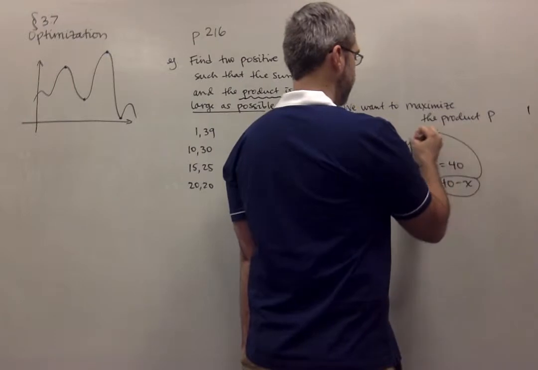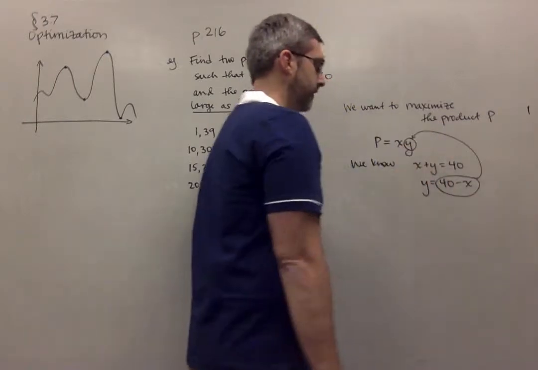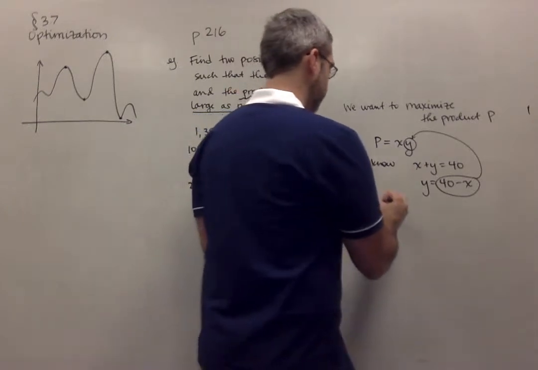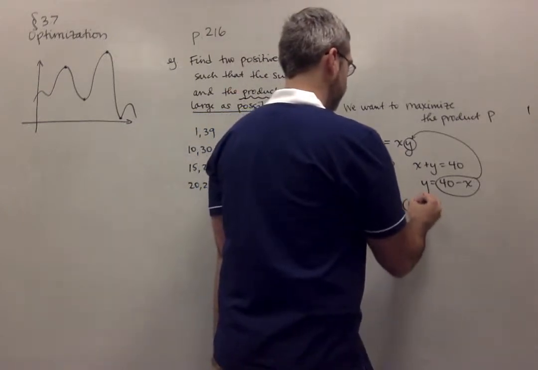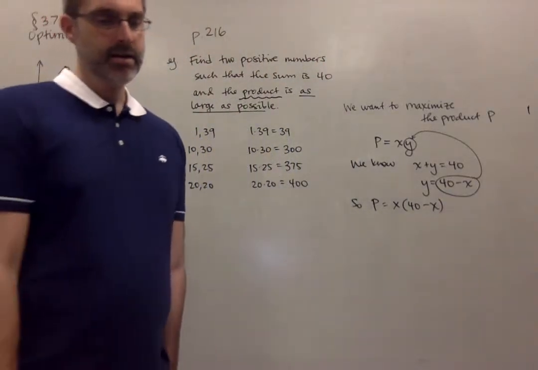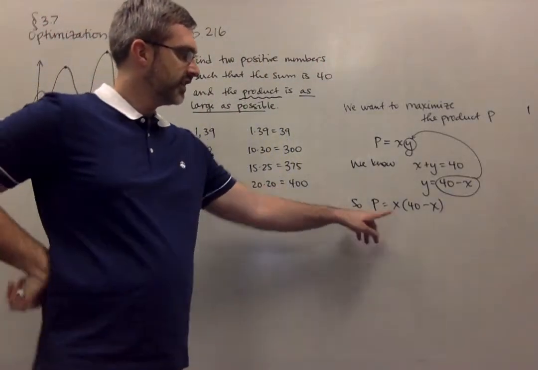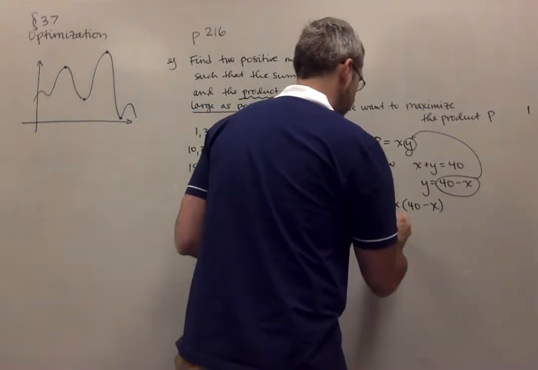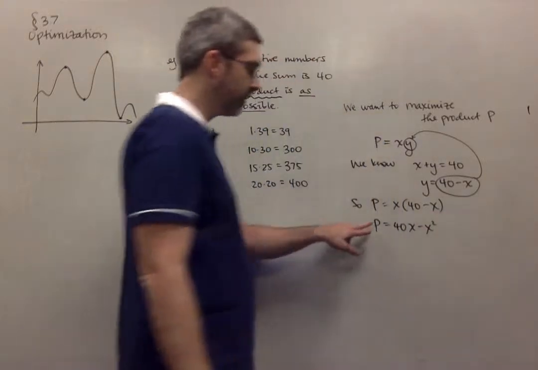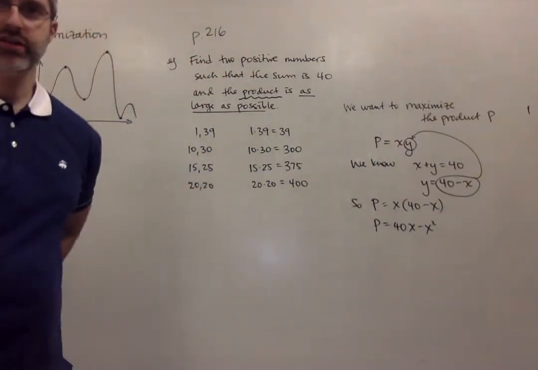Then I'm going to put that in for y. So the product is x times 40 minus x. Let's multiply that out: 40x minus x squared.